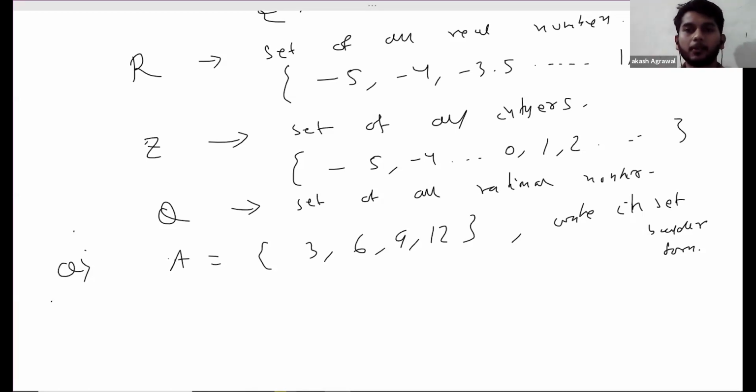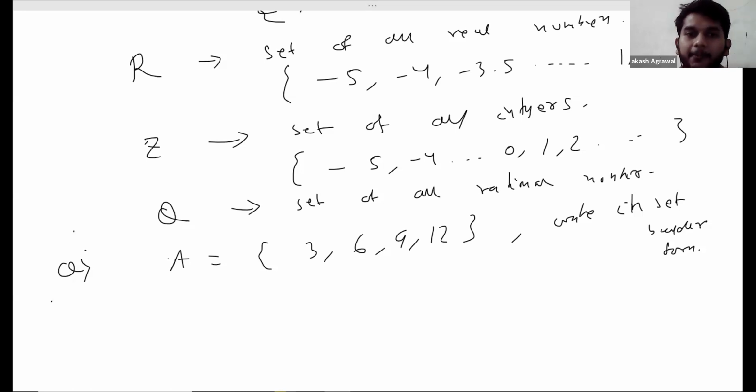Afnan, what is the common property you can see here? They are all divisible by 3. Very good. Less than 15. Less than 13. Right. Yeah, sir. So can I say -6? Given your condition, is -6 not there according to you?